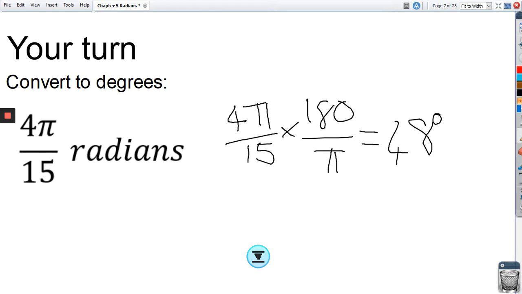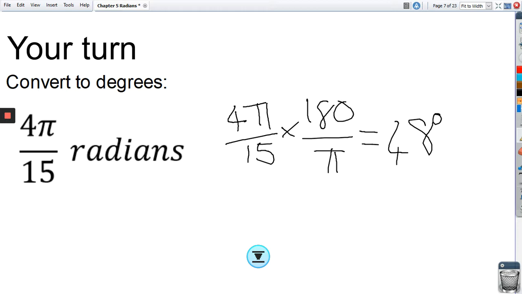Now, what we have done here is we've gone from radians to degrees. What happens when we go from degrees to radians? Well, this time we're going to divide by 180 over pi. Or another way to look at it would be to multiply by the reciprocal of 180 over pi.